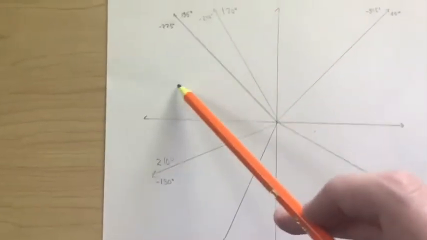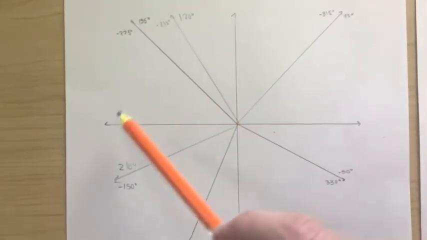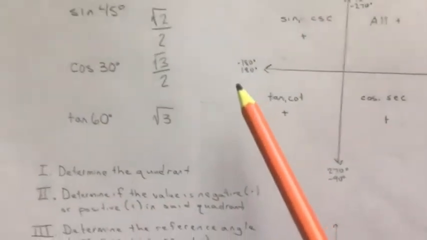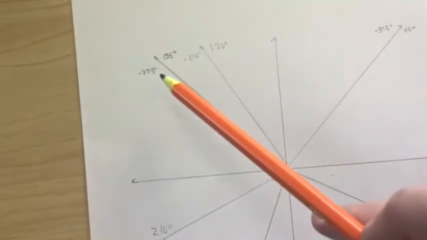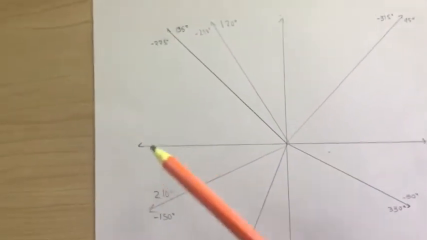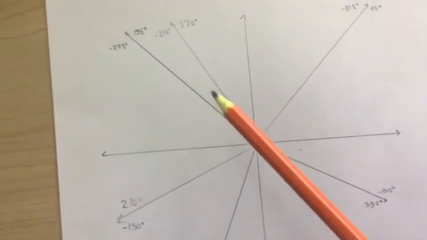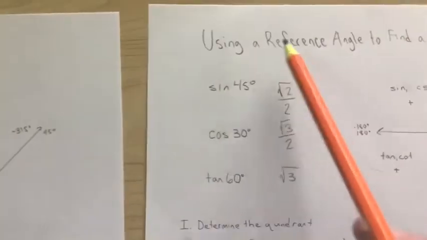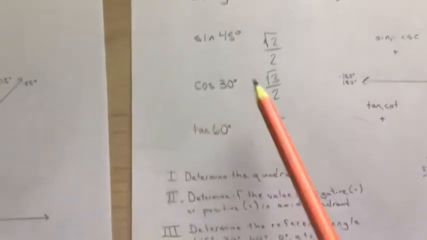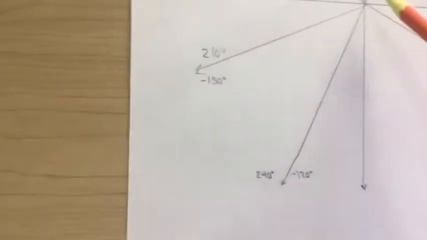So basically how you do this is you subtract from this value, which is 180, as you can see right here. You subtract 135 from 180 and you get 45 degrees, which basically is your reference angle. The same can be done with 30 degrees. Say for example we just wanted to do this one right here.